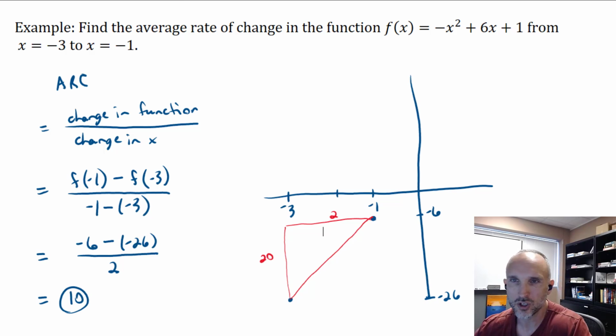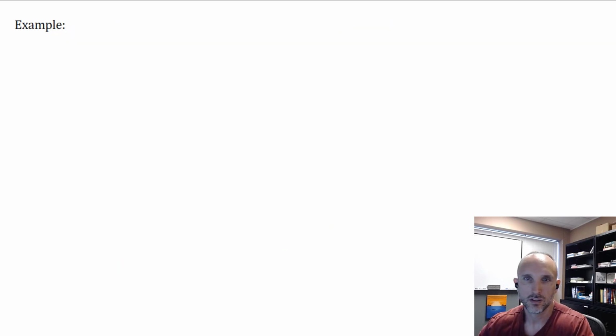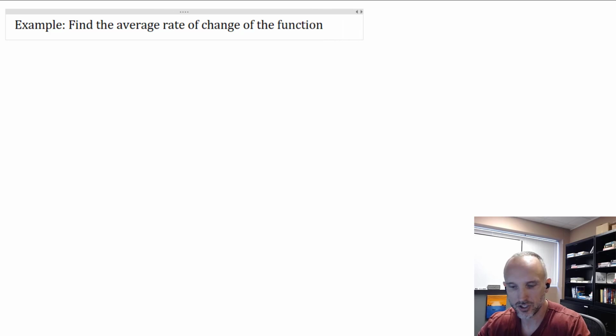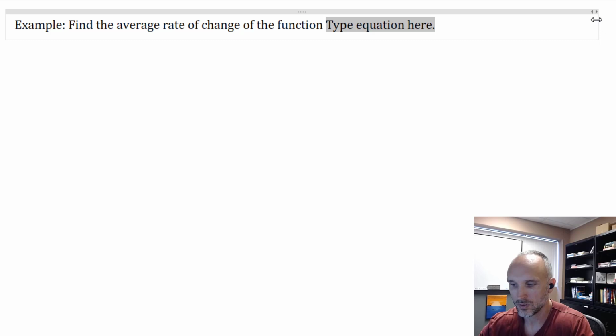Now let's do one more example because there's a different way it could be worded. So now let's try to find the average rate of change of the function f of x equals x minus 1 squared minus 1.